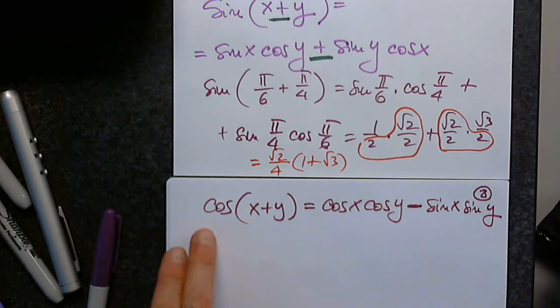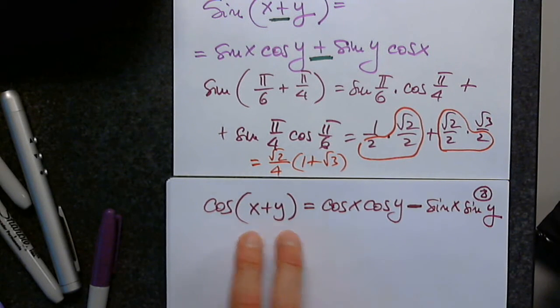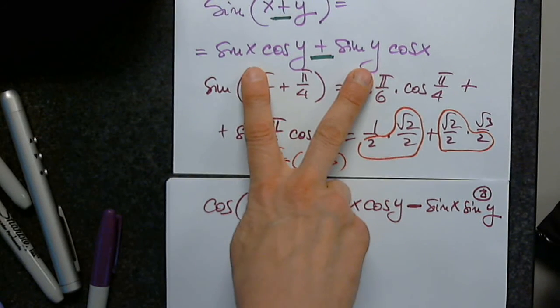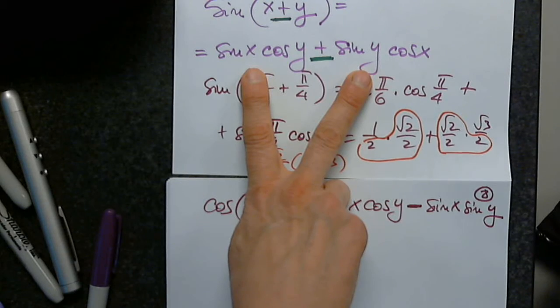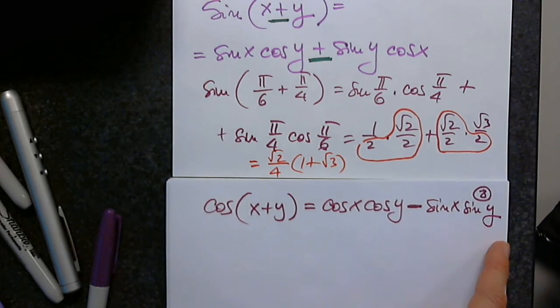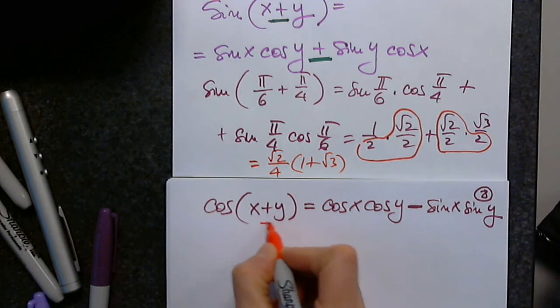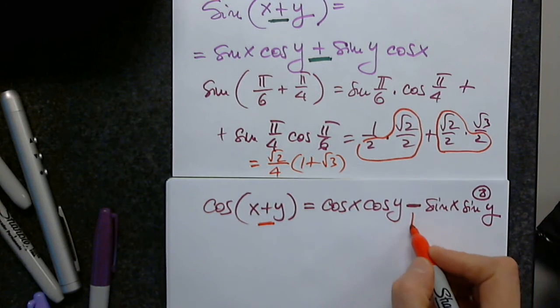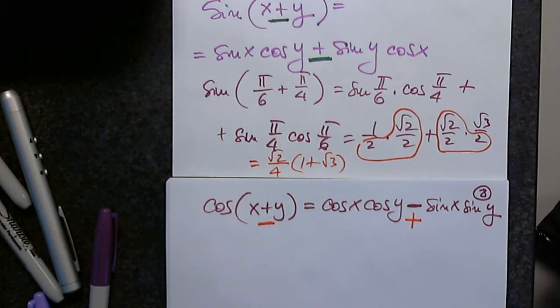So when I apply cosine to a sum of angles, I have a difference of two products. And they're not the same with the previous formula. These are completely different, right? Cosine, cosine, sine, sine. What do you think will happen when I want to find cosine of a difference of angles? Exactly. The signs are reversed for cosine.